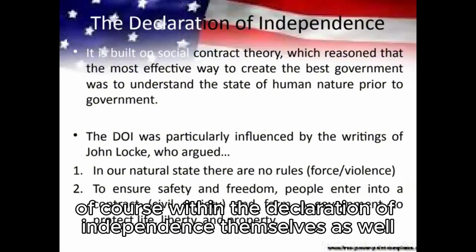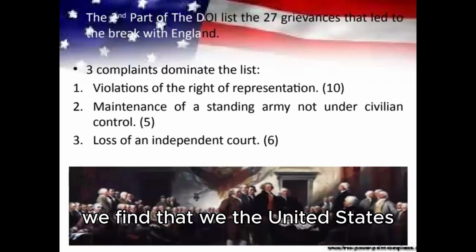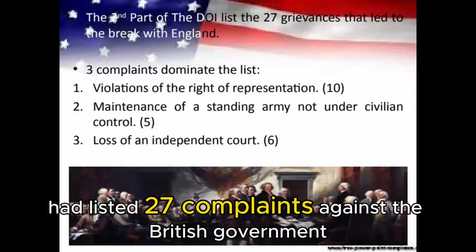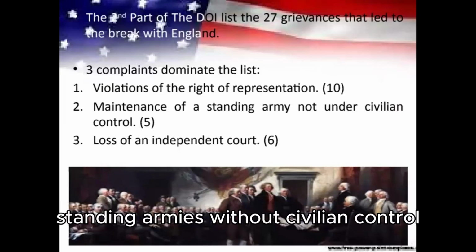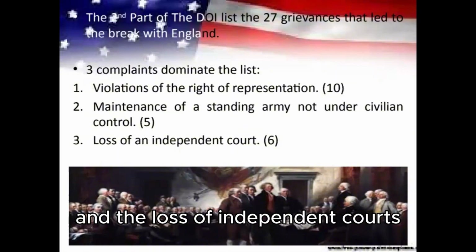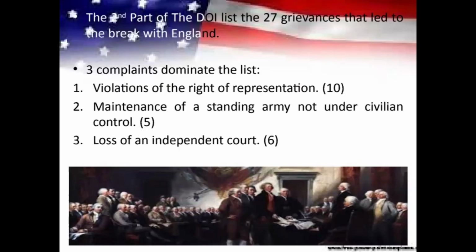Within the Declaration of Independence, we also find that the United States listed 27 complaints against the British government. The major issues included lack of representation, standing armies without civilian control, and the loss of independent courts.